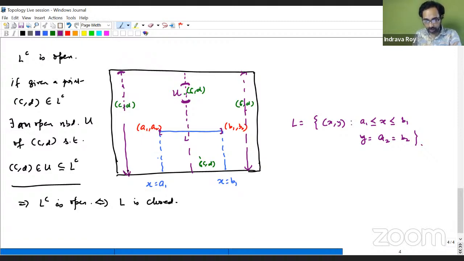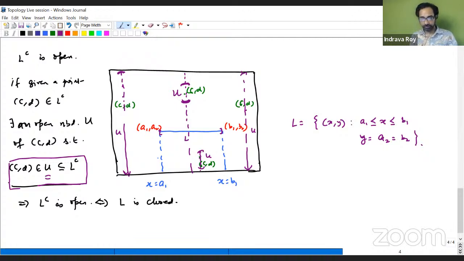For this point, you have to take something smaller. So the open neighborhood itself will change depending on the point, right? This U depends on the point that you have chosen. But for each given point, there exists such a U for which this condition holds. So this is an example of a closed set.